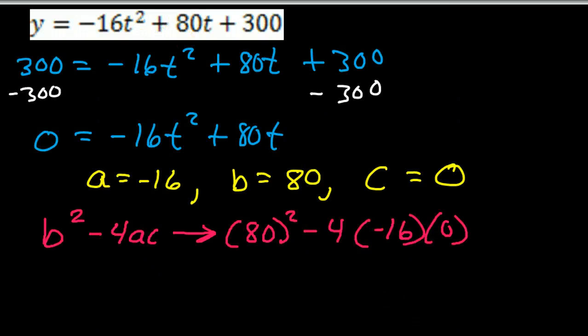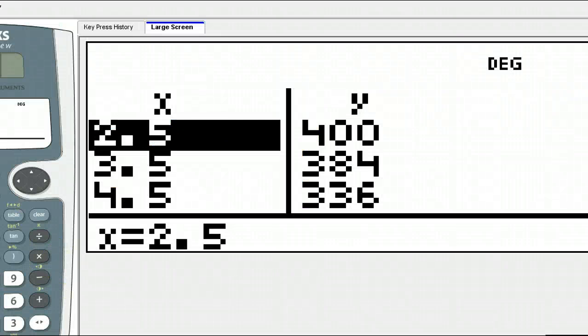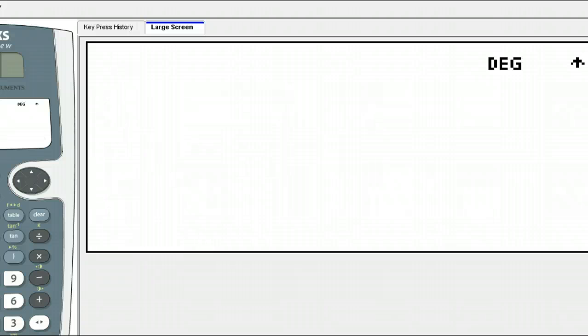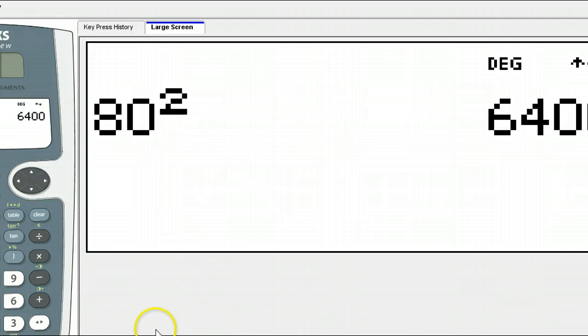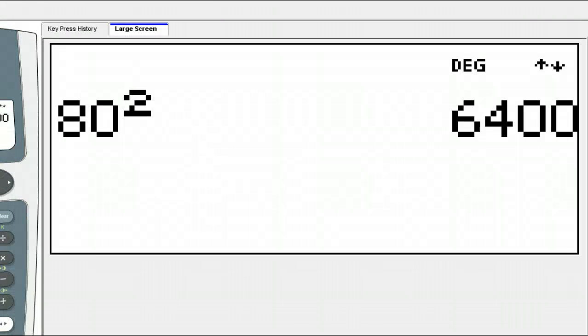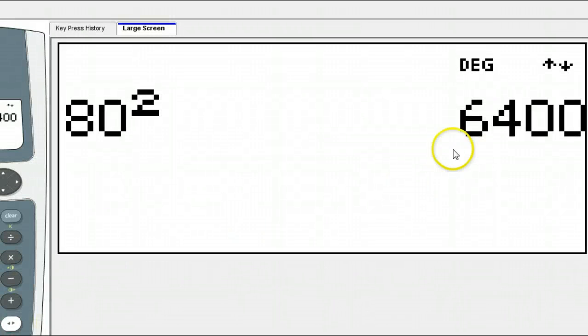So really 0 is going to wind up canceling out this entire term. So it's really just going to be 80 squared. So if I wanted to be efficient about it, I would just do 80 squared. And really you should even be able to do that in your head, because you know that 8 squared is 64. So 80 squared is 6,400. So that's what it's going to be.